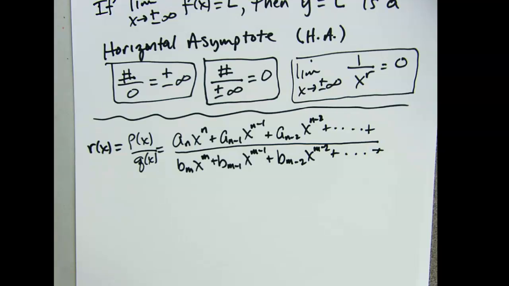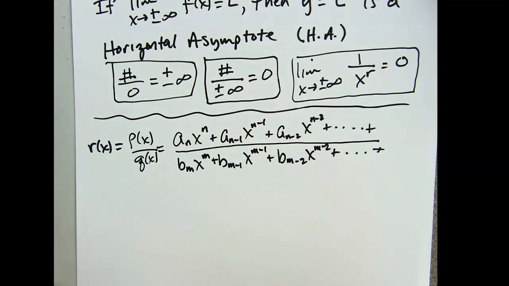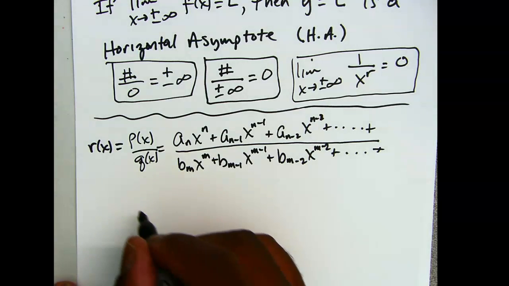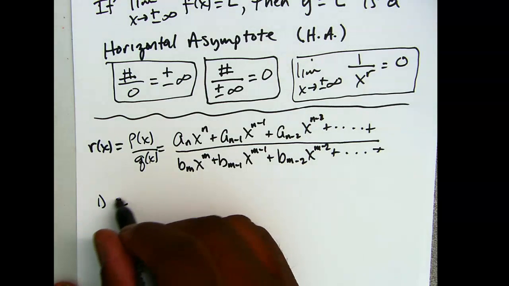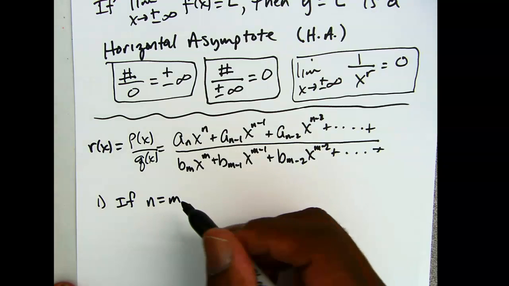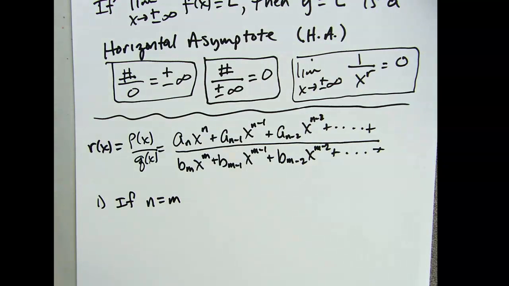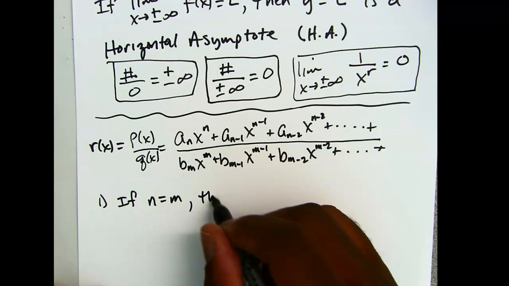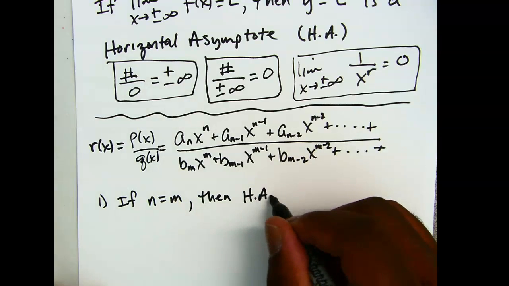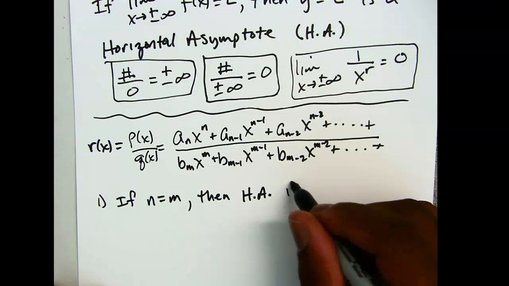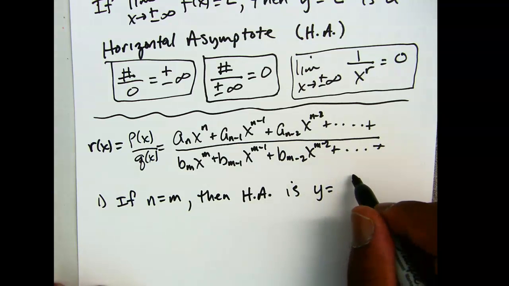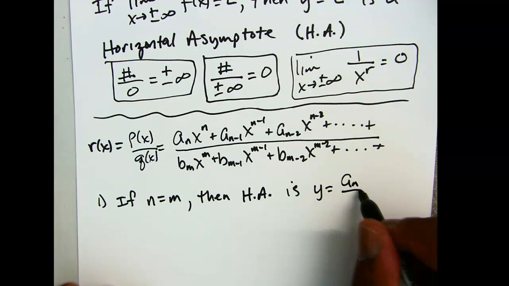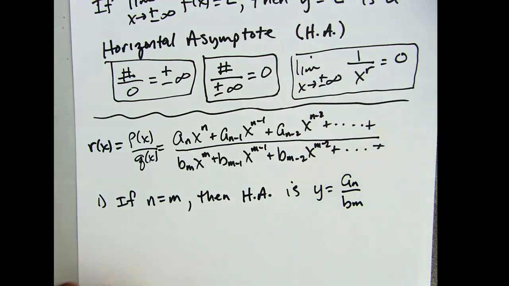Alright, so what did we learn about this in pre-calculus? And then how are we going to relate that to calculus? So if n is equal to m, so the degree of your numerator is exactly the same as the degree of your denominator, then your horizontal asymptote is y is equal to the coefficients a sub n over b sub m.